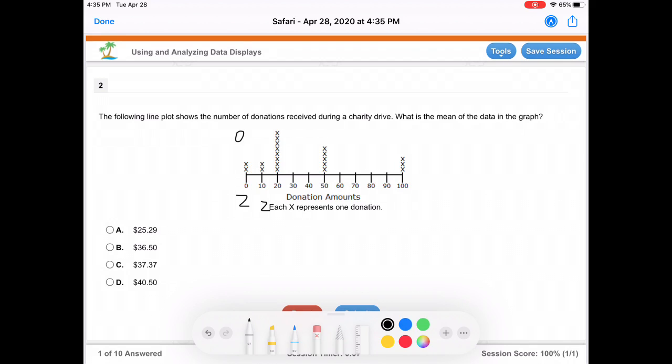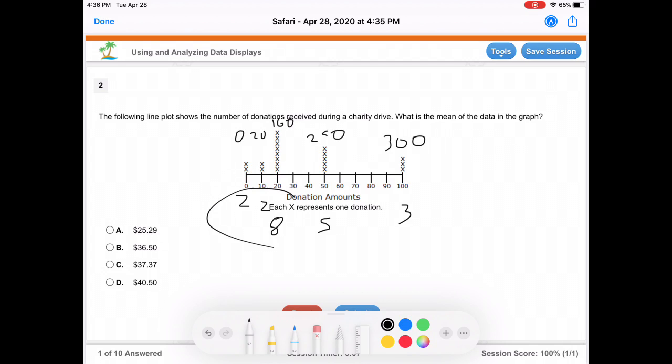We have 2 X's for 10, which is going to give us $20. We have 1, 2, 3, 4, 5, 6, 7, 8 X's for 20. 8 times 20 is 160. We have 5 X's for 50, which is 250. And we have 3 X's for 100, which is 300.